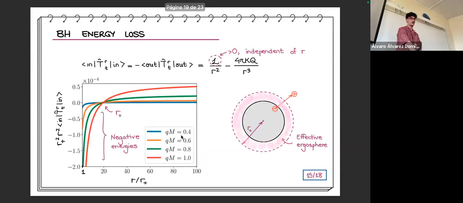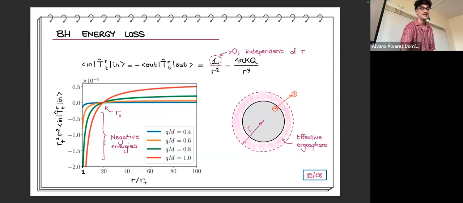Now we can analyze the energy loss of the black hole. How? By studying not the charge operator, but the stress-energy-momentum tensor operator. We compute this quantity in the in vacuum and in the out vacuum and see that they are not the same, because they are not the same quantum vacua.